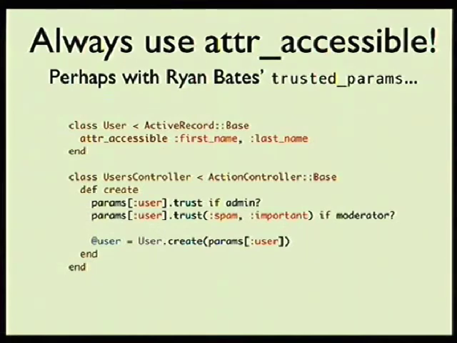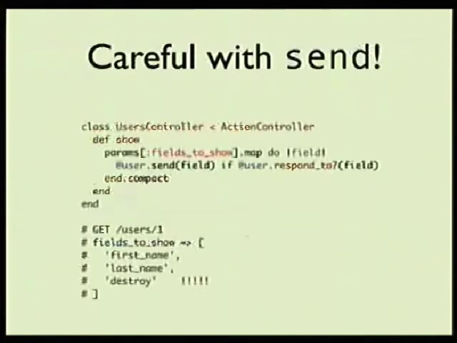A cool plugin that handles this really well is Ryan Bates' Trusted Params, which allows you to define attr_accessible for attribute protection, but then you can call .trust on the params hash under certain conditions in the controller, like if you're an admin, and that will trust it and override the protection. You can also trust individual keys on that params hash. So this makes it a lot easier to work with, and yet it's still very secure.